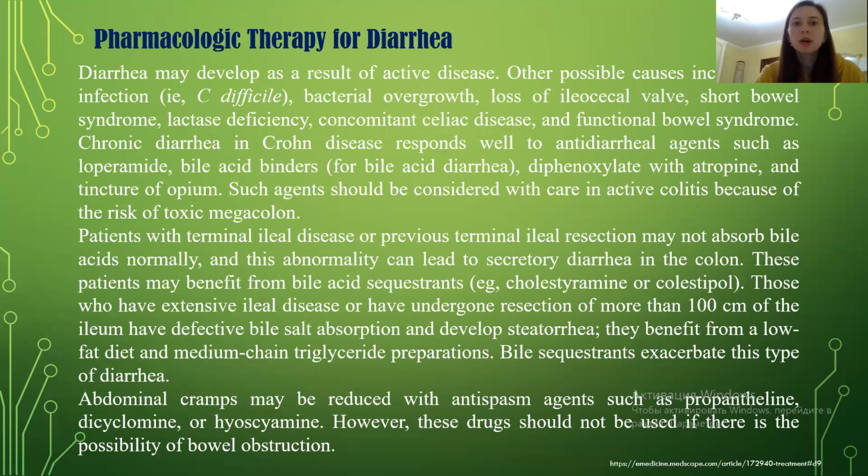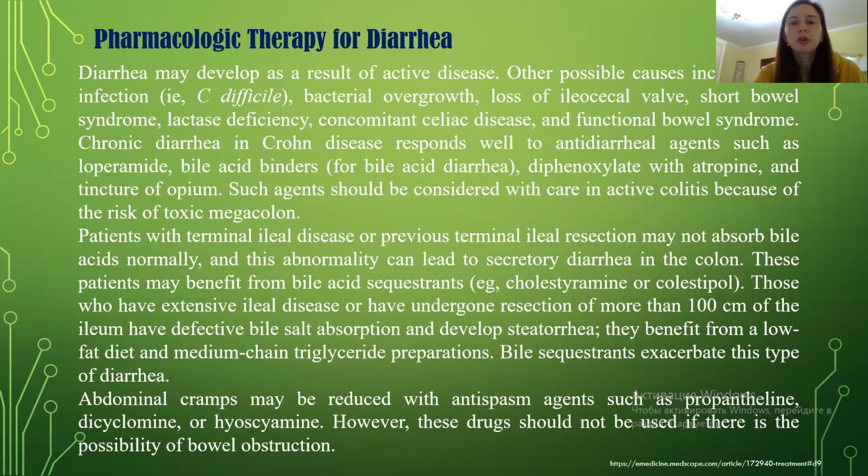And pharmacological treatment for diarrhea. Diarrhea may develop as a result of active disease. Other possible causes include acute infection, bacterial overgrowth, loss of ileocecal valve, short bowel syndrome, lactase deficiency, concomitant celiac disease, and functional bowel disease.